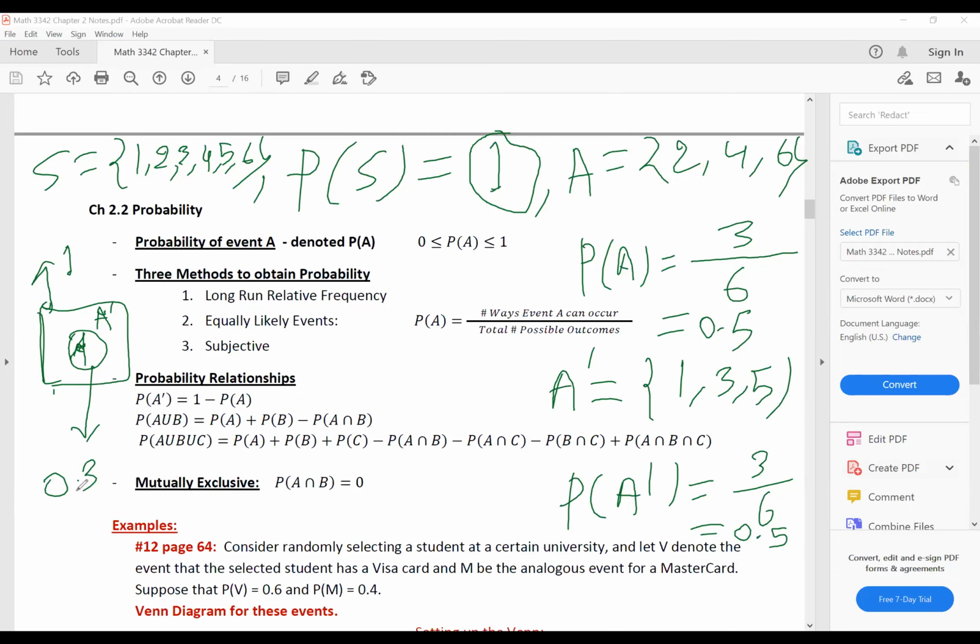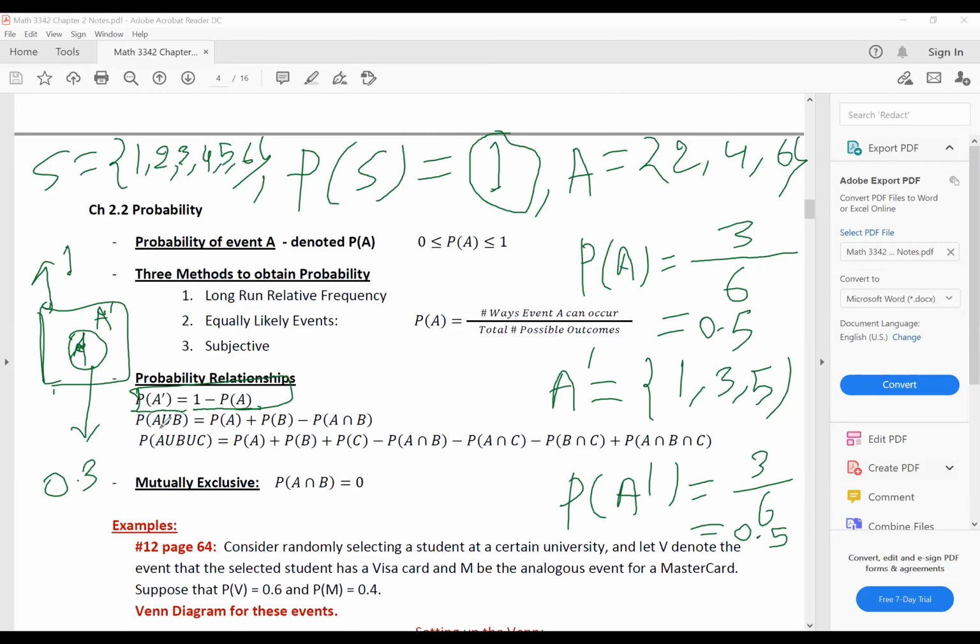Okay, so that's why if you know the probability of an event, then the complement will be actually 1 minus the probability of that event. So now you can use this formula to find the probability of the complement of an event. So it is always 1 minus the probability of that event.